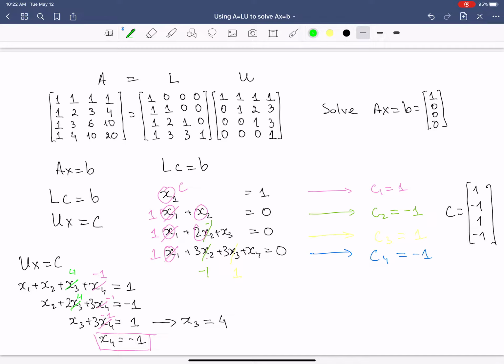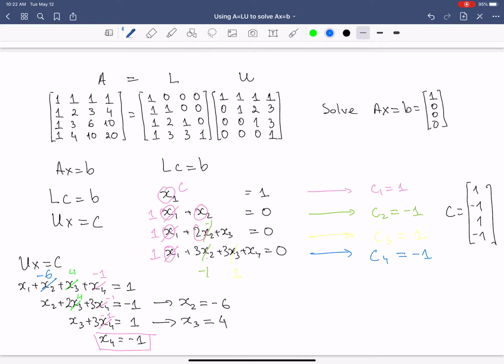Going back to the previous equation, I can find x2. So what do we have? x2 plus 8 minus 3. So we have a 5 there. Take it to the other side. We have -5 minus 1, so that's a -6. I can replace -6 in the first equation.